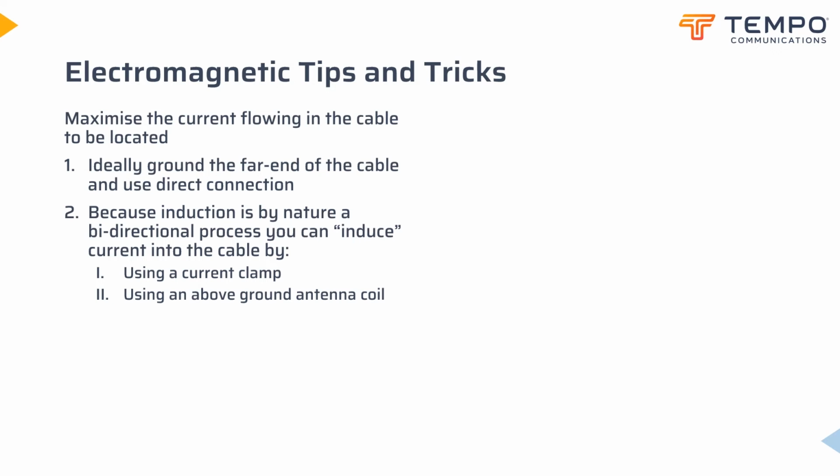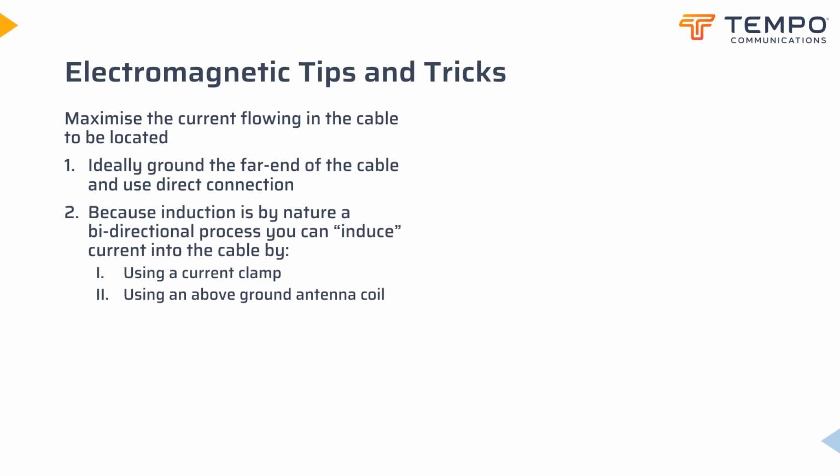Direct connection of the transmitter to the cable as shown on the previous slide is always the best option. However, this may not always be possible or desirable due to having to maintain service or wanting to track services that you don't own.